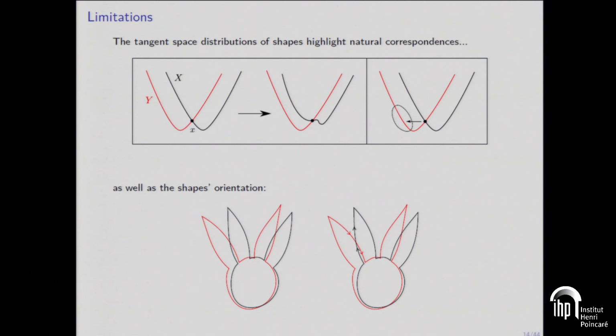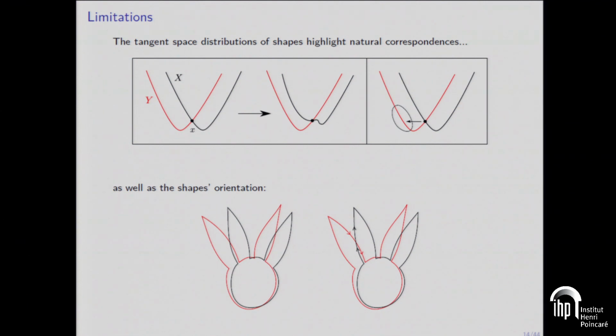And you can go further with shape orientations. So you have here two bunnies, and the risk here is that these two opposite sides of the two bunnies may attract each other, and so when you want to register them, it will be complicated to separate those two parts to align the two ears of the bunnies.